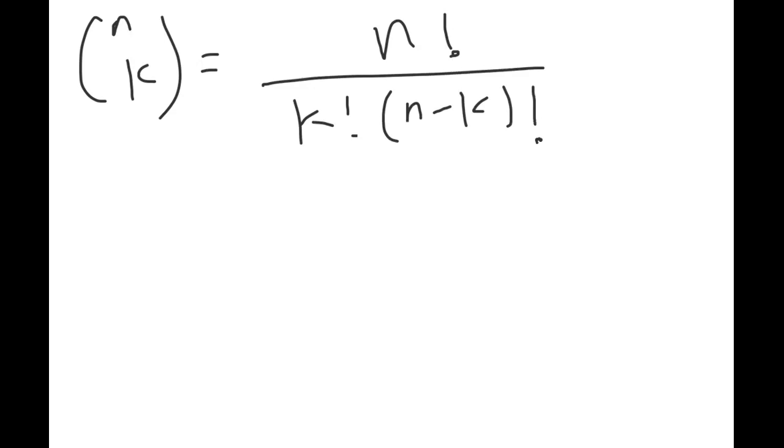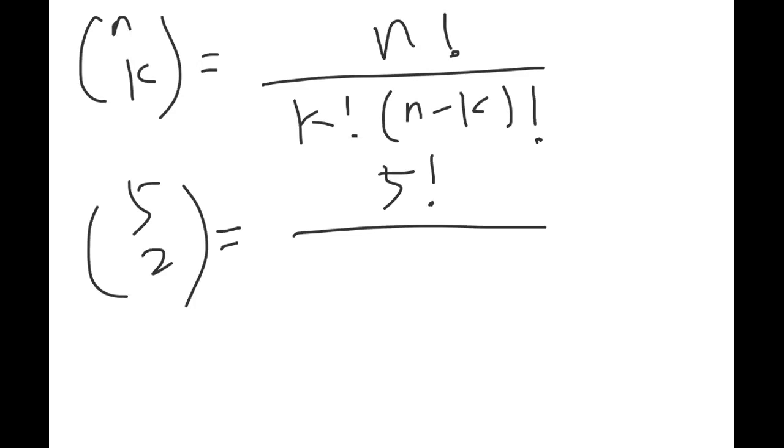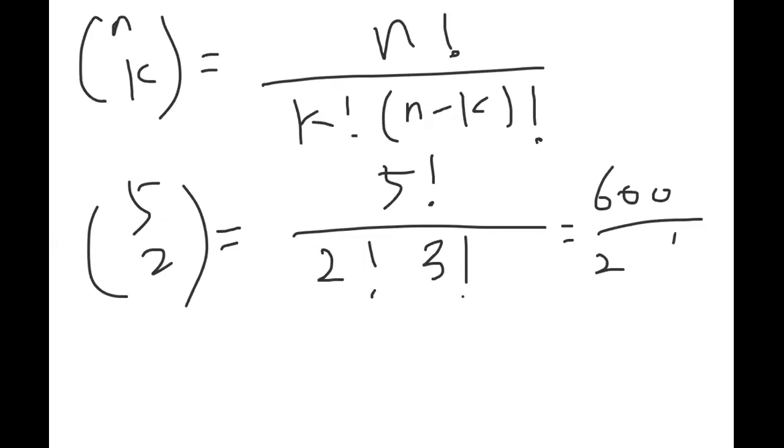Coming back to our previous example, 5 choose 2 is equal to 5 factorial divided by 2 factorial times 3 factorial. By the formula, 5 factorial is equal to 120. 2 factorial is 2, and 3 factorial is 6.